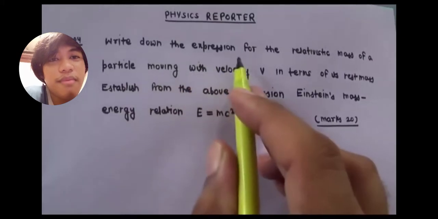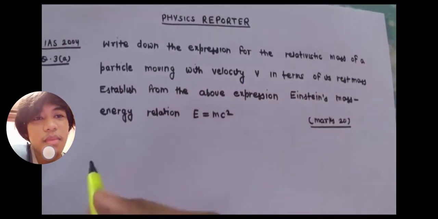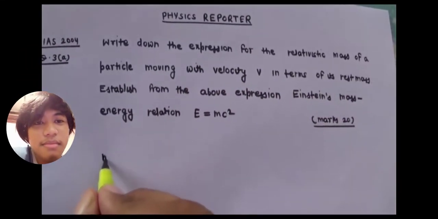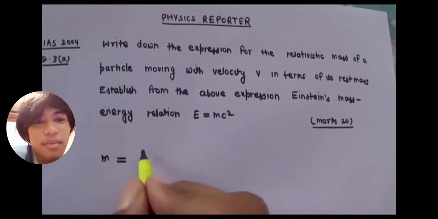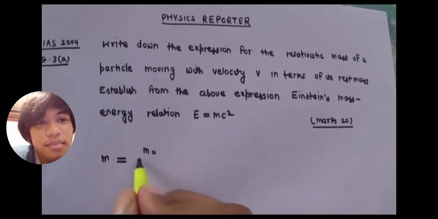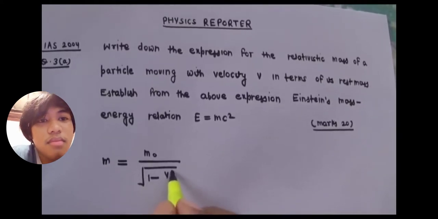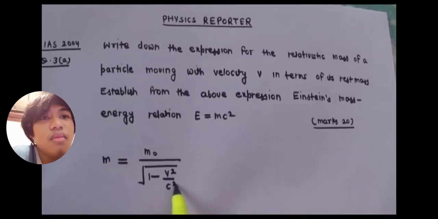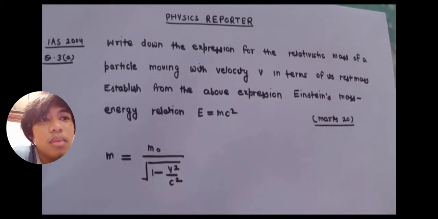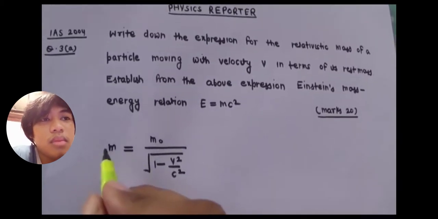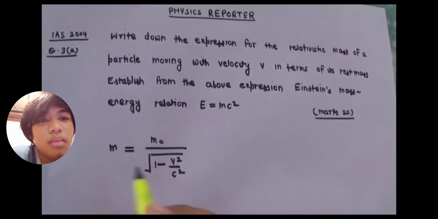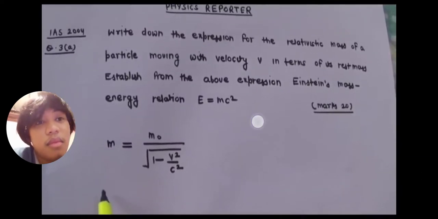Write down the expression for the relativistic mass. Relativistic mass is given as rest mass upon root 1 minus v square upon c square. Square both the terms, we will get m square is equal to m0 square upon 1 minus v square upon c square.